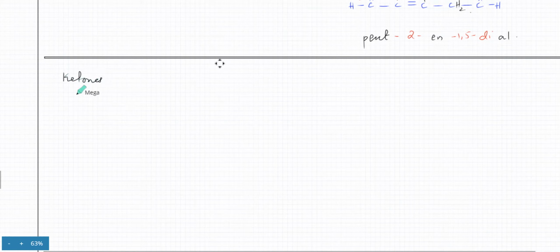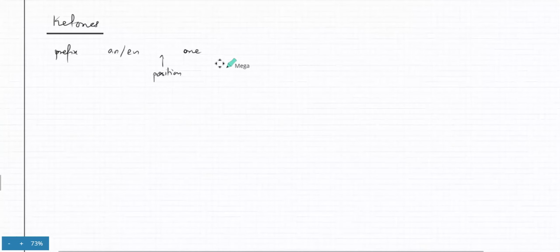The name starts with the prefix, which is always the number of carbon atoms, and you have "an" and "en" in the middle, whether it's saturated or unsaturated. And the name would end with "one". This is where you're going to mention the position of where the ketone is. You're going to mention where the ketone group is attached.